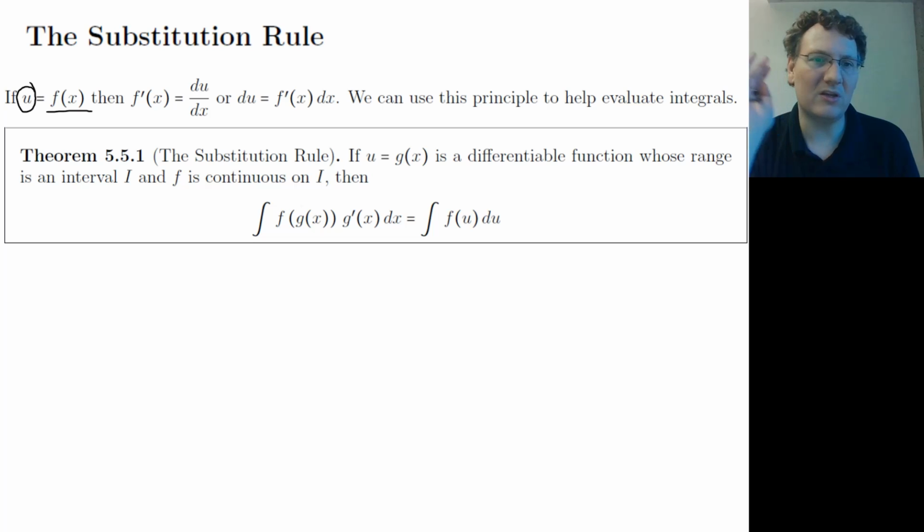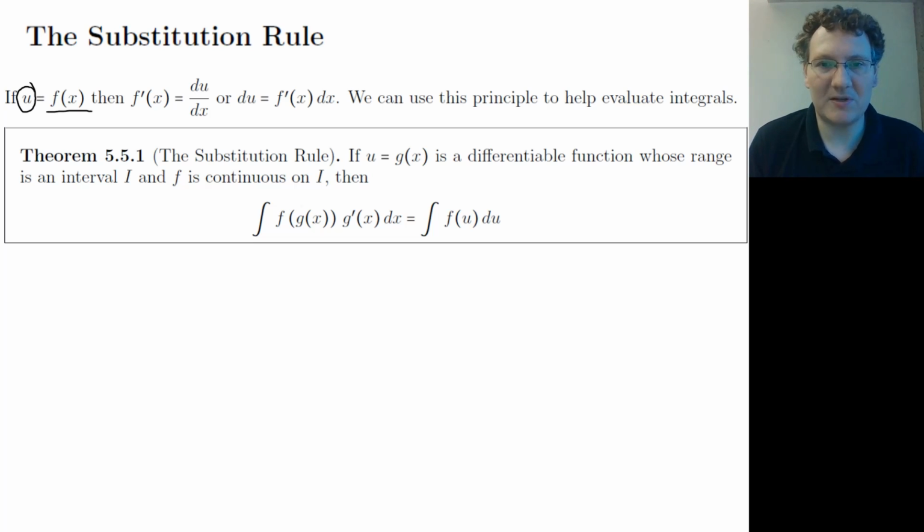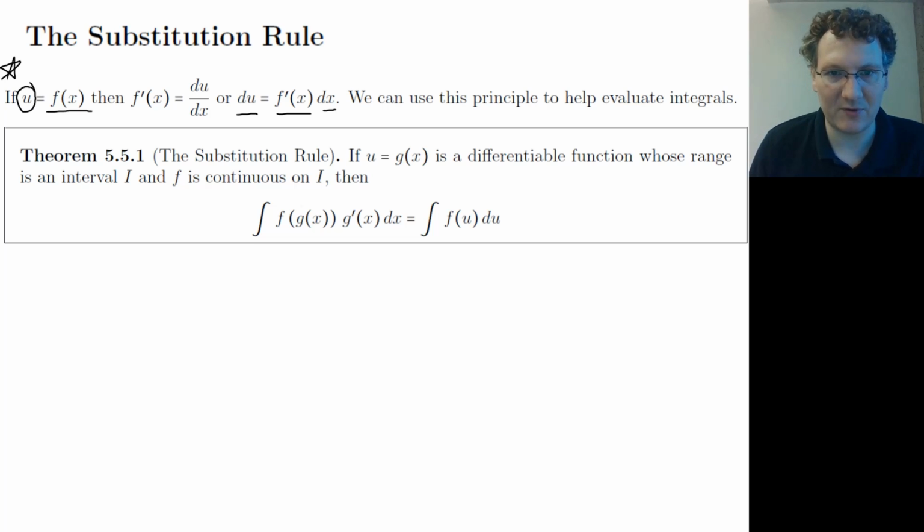Then we can use the principles of the chain rule. So for example, if u is some function of x, then f prime of x is going to be du over dx. In other words, du is going to be f prime times dx. This is the principle with these differentials, to replace the differentials here.